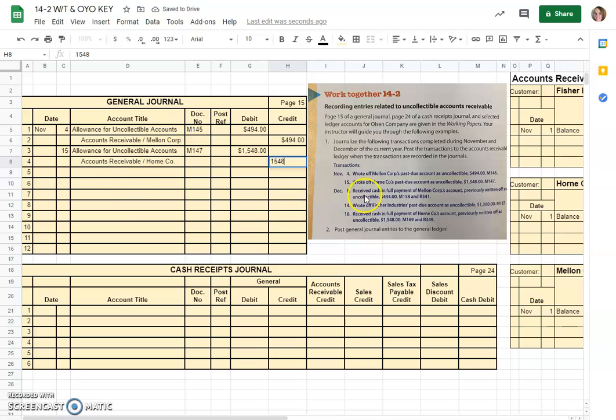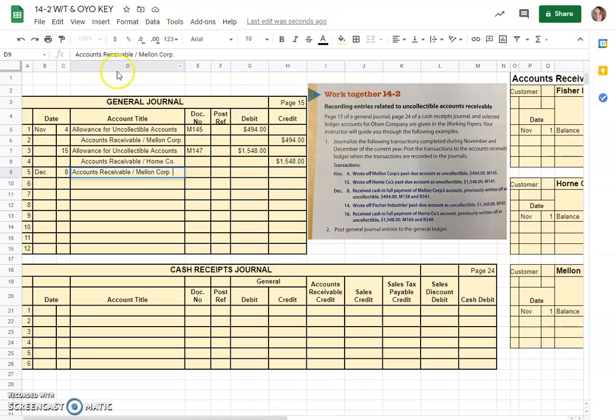Okay. Now December 8th. Received cash in full payment of Mellon Corp's account, previously written off as uncollectible. So, new month, December the 8th. Accounts receivable, Mellon Corp.